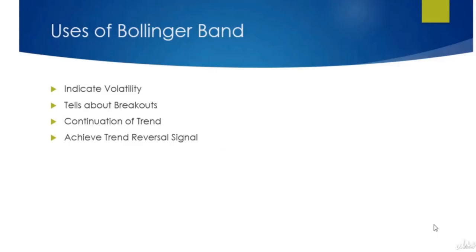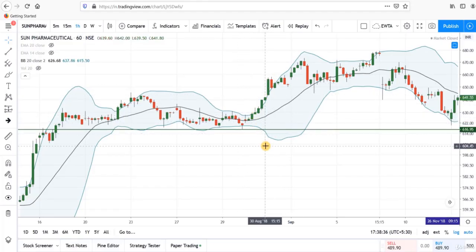There are so many uses of Bollinger Band, and the first use is that they indicate high and low volatility. The expansion and contraction of the bands indicates the volatility of the prices of that particular stock. When bands are expanded, it means there is huge volatility and we can see a sharp up move or a sharp down move in the prices.